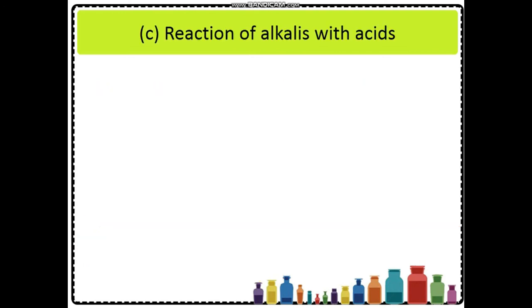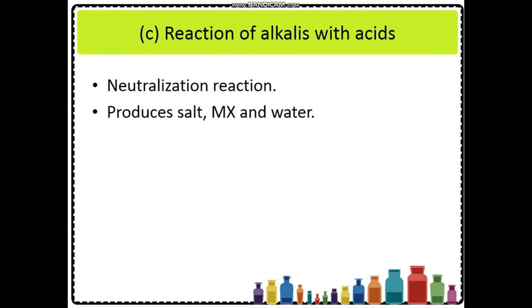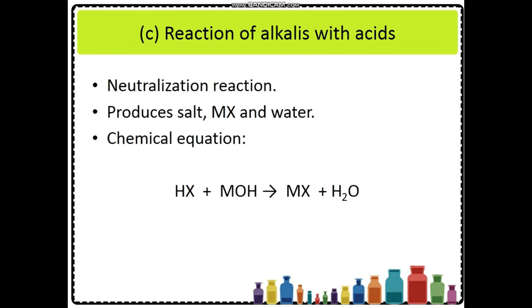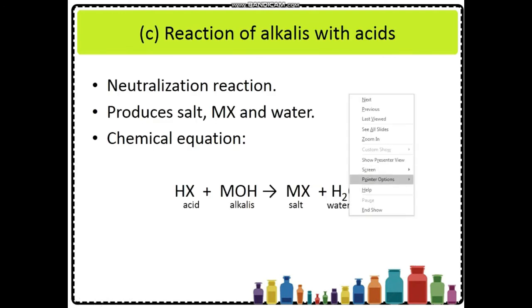Reaction number 3, reaction of alkali with acid. This is the same as what we learned in the chemical properties of acid. We call this a neutralization reaction. It produces salt, MX, and water. General chemical equation: HX plus MOH produce MX plus water, where HX is acid, MOH is alkali, MX is salt. Same as last week, it breaks down here and here.